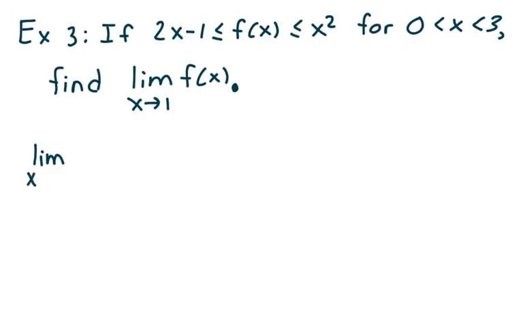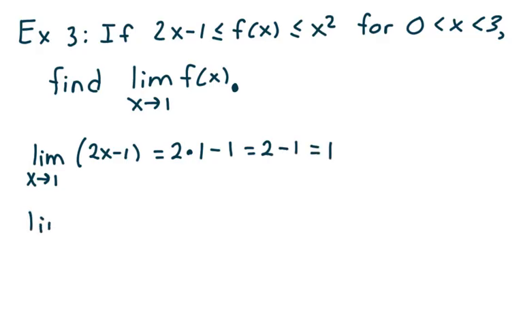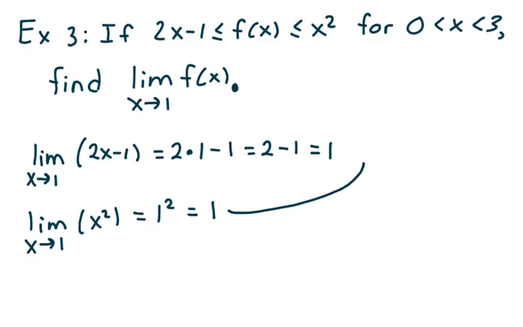So if we look at the limit as x approaches 1 of 2x minus 1, by direct substitution, this is equal to 2 times 1 minus 1, right? I just replace x with 1. And so this is 2 minus 1, which is equal to 1. The limit as x goes to 1 of x squared is equal to 1 squared, which is equal to 1. And so notice how these two values match, right?